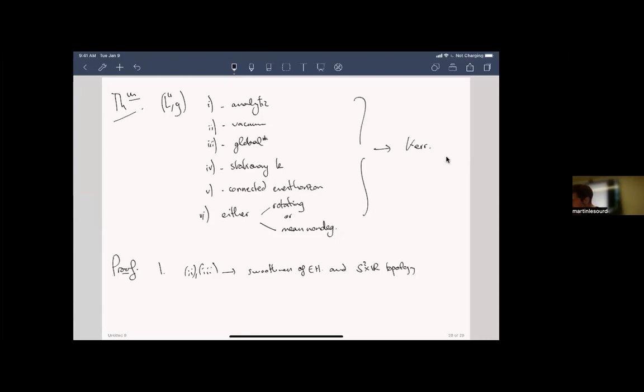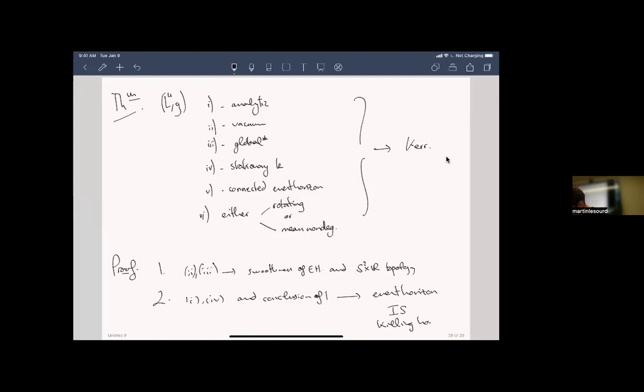So the first thing is you show that the event horizon is smooth, and the event horizon has S2 cross R topology. Then you use assumption 1, assumption 4, and the conclusion of 1 to show that the event horizon is a Killing horizon.